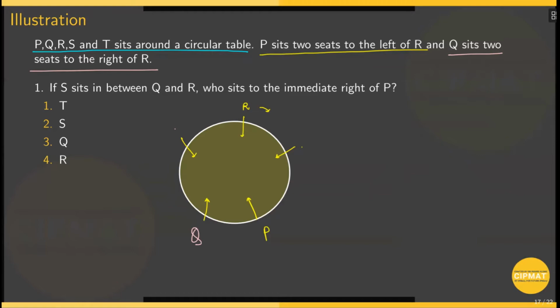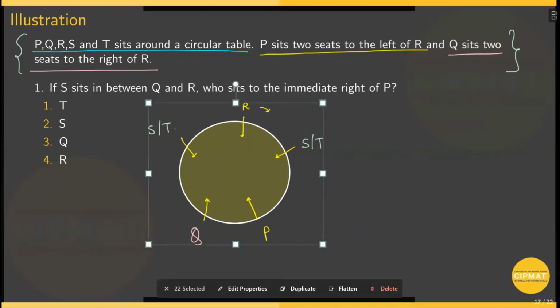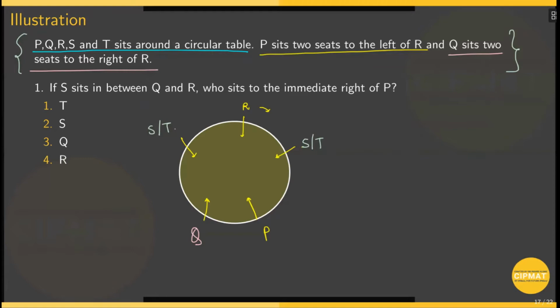And these two places will be taken by either S or T. This is what I can understand from this part of the question. Since it will be used in the other parts of the question as well, I'm going to copy this and keep it for further reference.